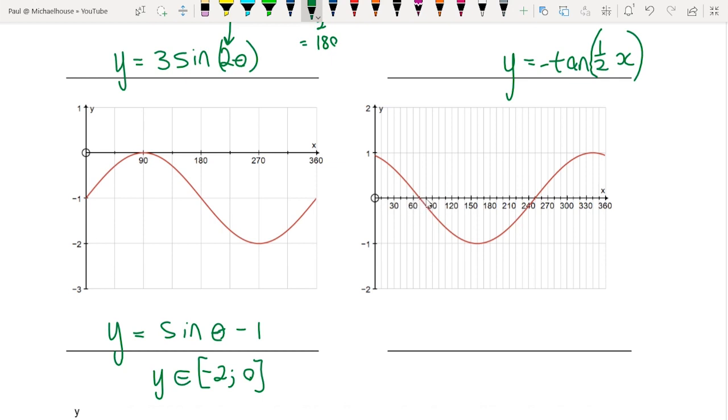Now this one's hitting the x-axis at 70 degrees, okay? My answer for this one is that we are dealing with just a normal cos graph, that the amplitude and range haven't been affected, a normal cos graph that's been shifted left by 20 degrees. All right, and remember to shift a graph left by 20 degrees, theta plus 20 degrees.